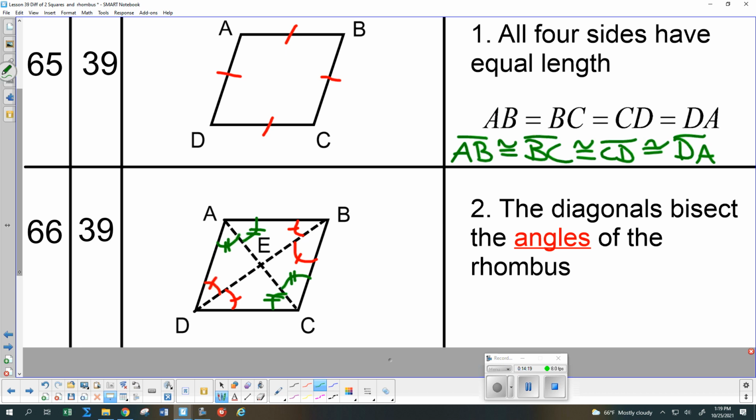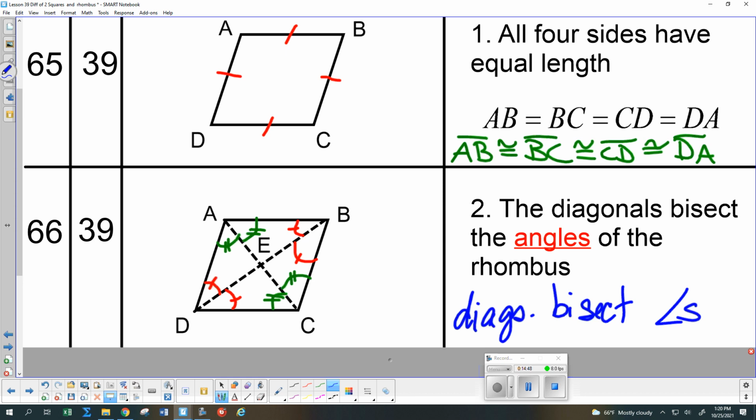And the opposite angles are still congruent, which is why both sides are green or both sides are red, but the opposite angles are still congruent. For that one, we are going to need to abbreviate it as diagonals bisect, not each other this time, but the angles, and we can use the angle symbol for that.